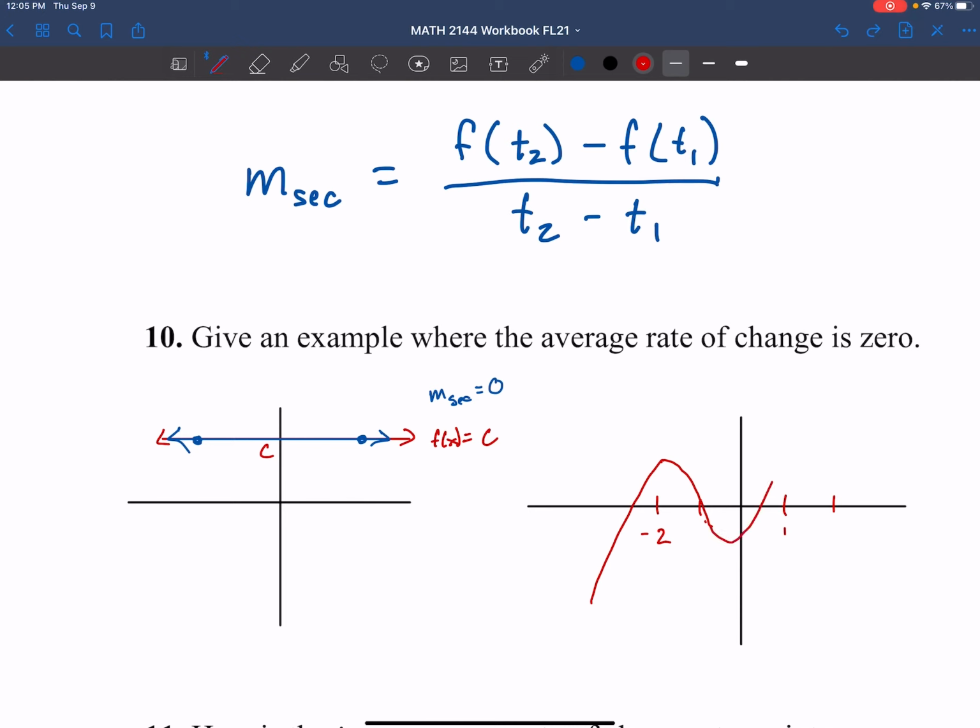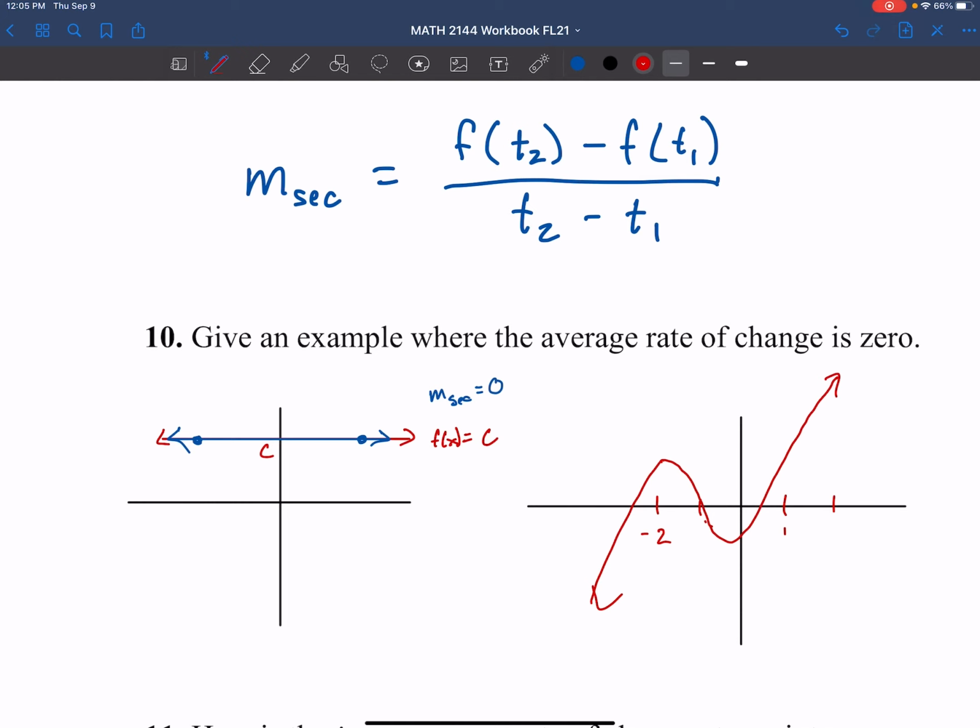Let's take this cubic function right here. Does this function have a secant line with a slope of 0?